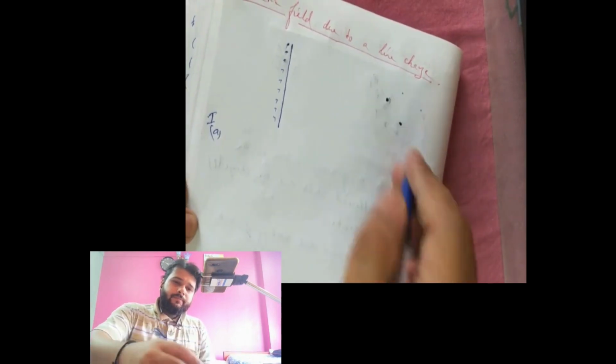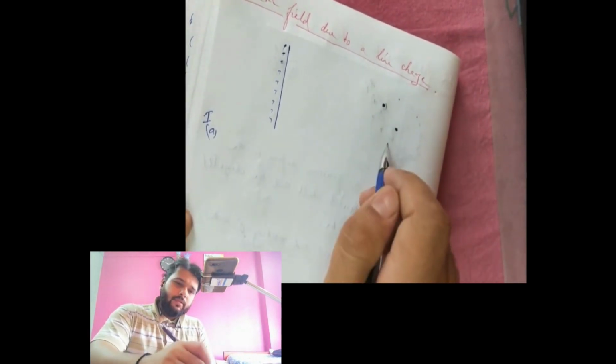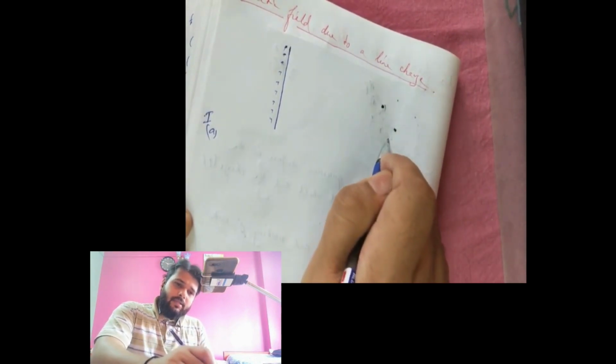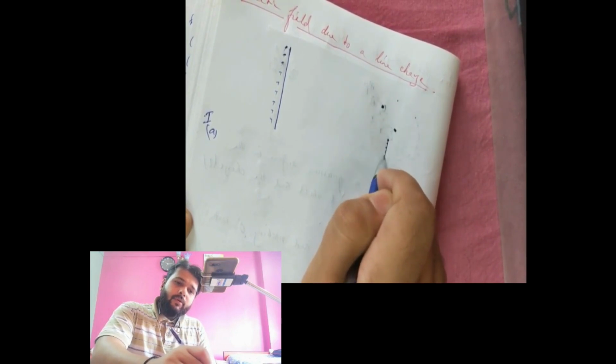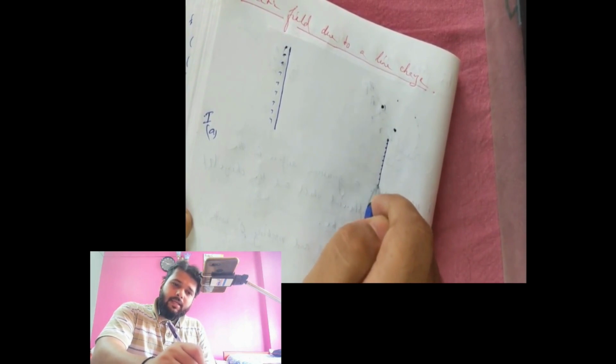So what will be the Gaussian surface? Okay, so just remember the Gaussian surface. Just imagine that this line has been made with infinite number of point charges. We consider that this line charge is made up of infinite number of point charges.